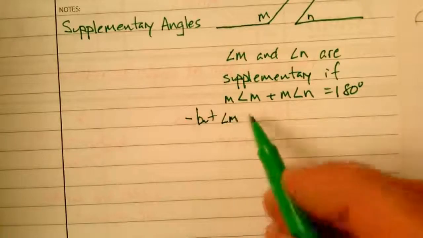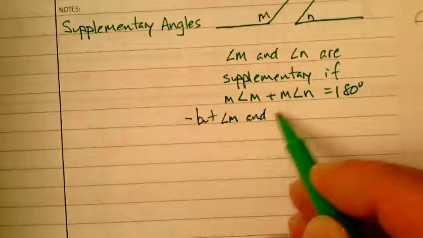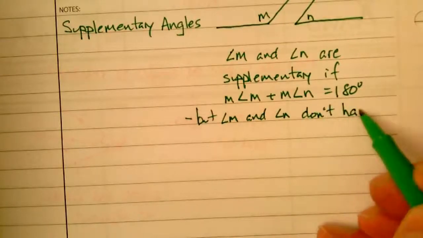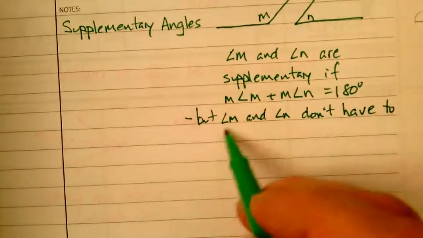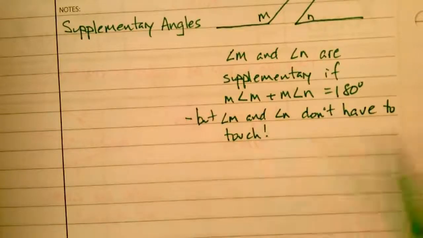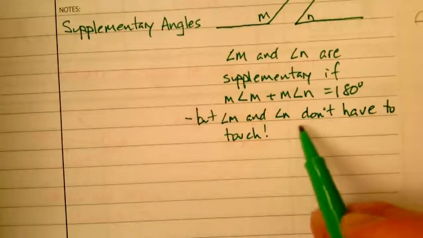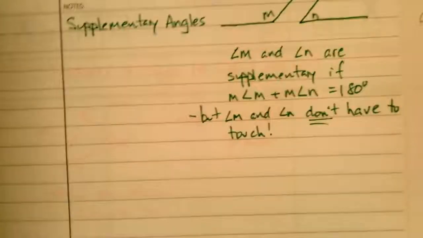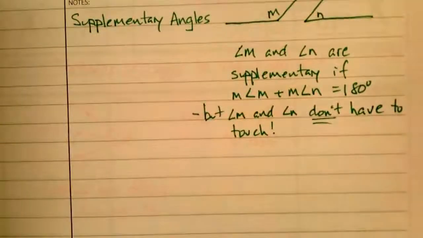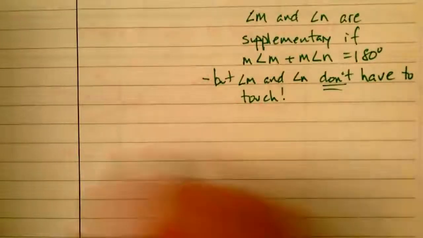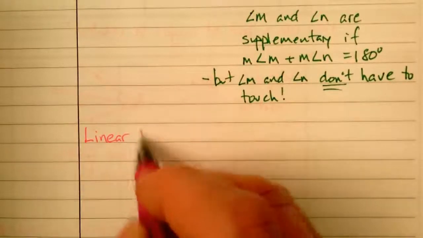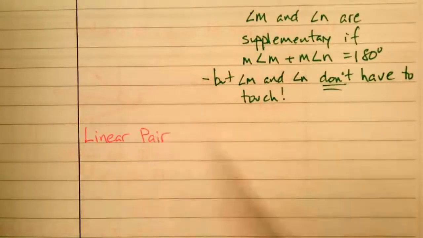But angle M and angle N don't have to touch. And technically, complementary angles don't have to touch either. But I'd like to make this distinction here with supplementary versus the next one, which is linear pair.